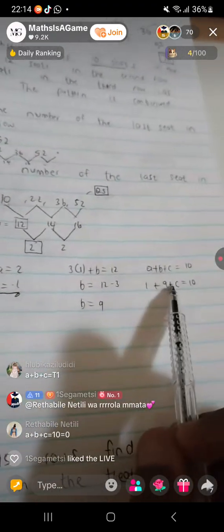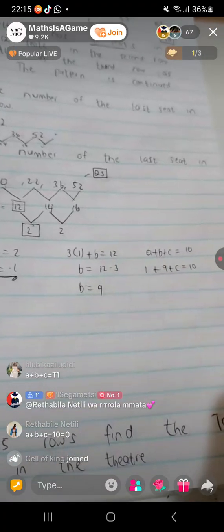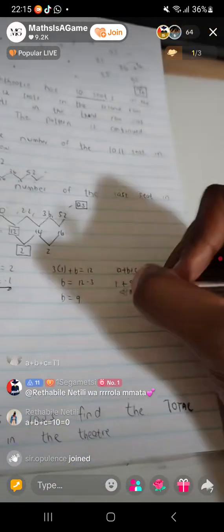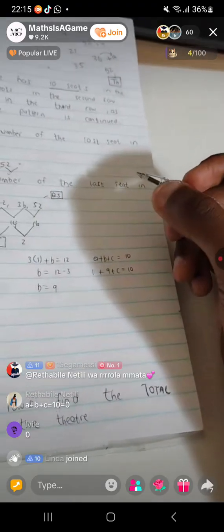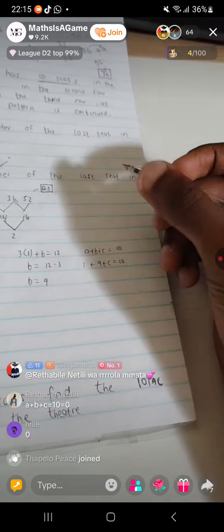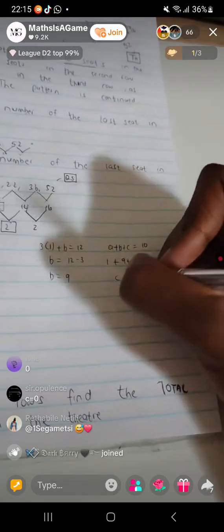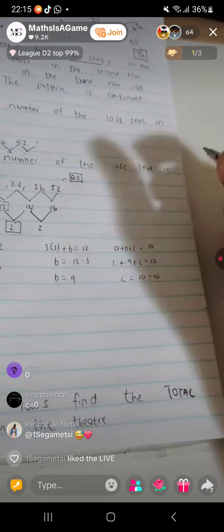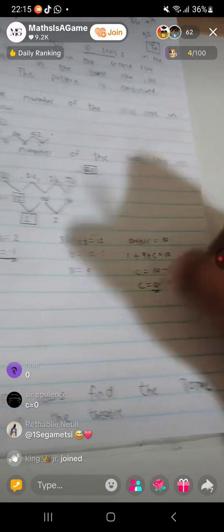We substitute the b, which is the 9. We want c, so we solve for c. A plus b plus c is equal to 10. Then we solve for that. Guys, c is equal to 10 minus 10, because 1 plus 9 is 10. C is equal to 0.